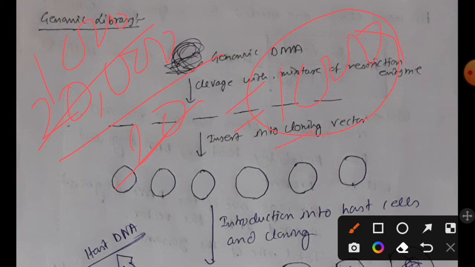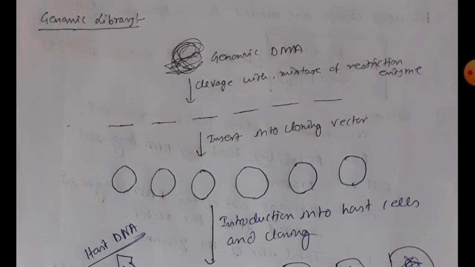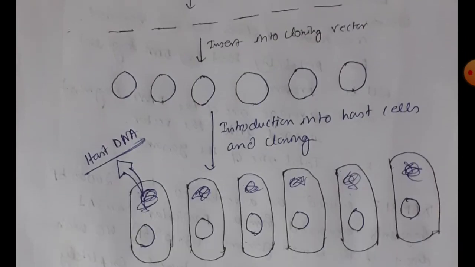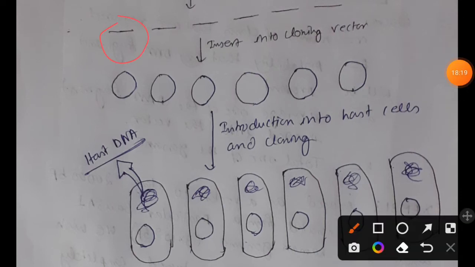But this is not the actual number, because the actual number will always be greater than 1,000. There can be a chance that some of the DNA fragments will be over represented and some of them will be under represented. So to be safe, in the particular example that I have given, we have to construct more than 1,000 colonies to find the gene of interest.